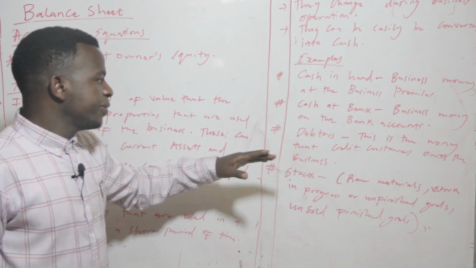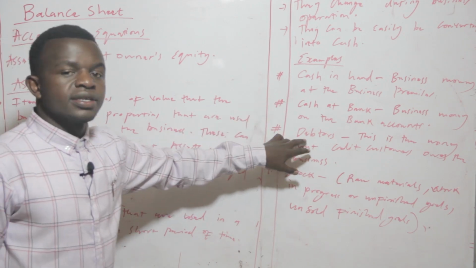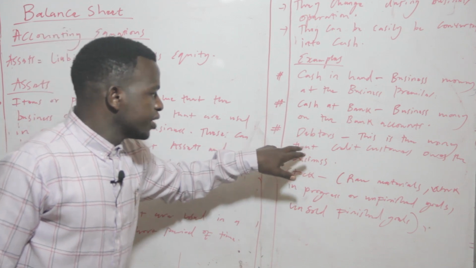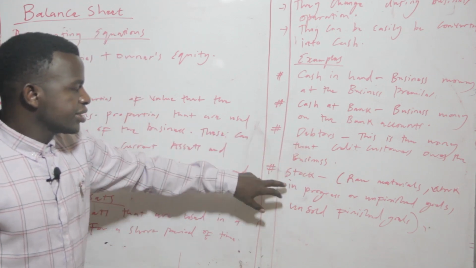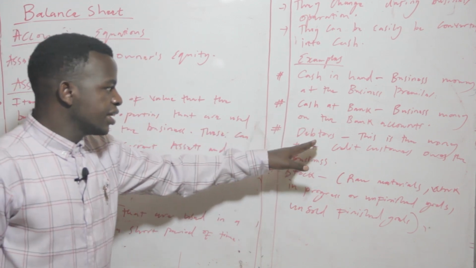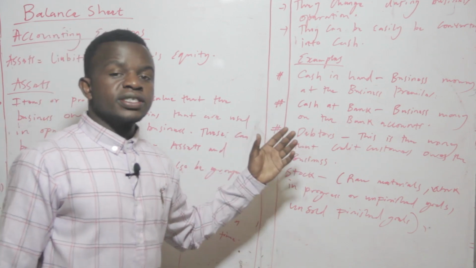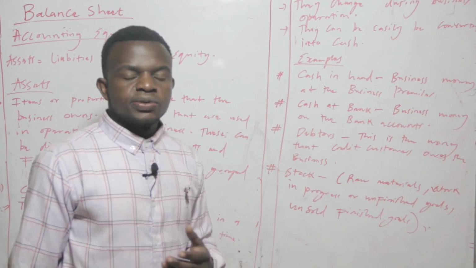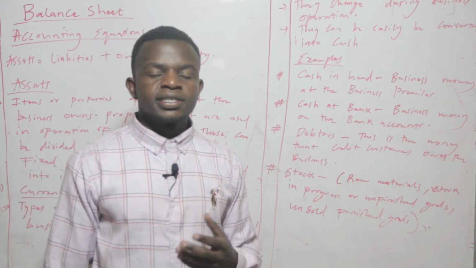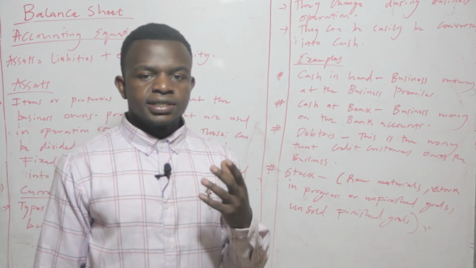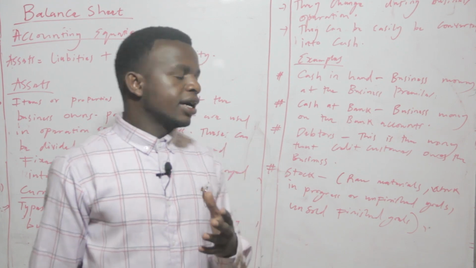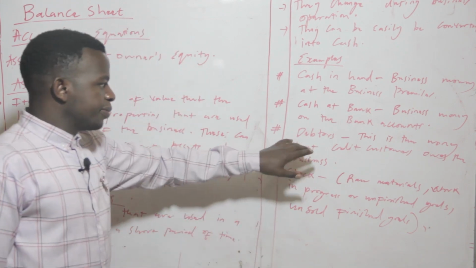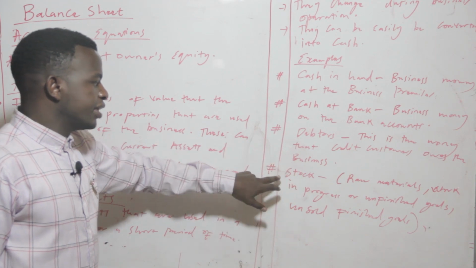But most people might debate which one is more liquid between debtors and stock. Debtors is more liquid because the goods have already been sold, and the only issue is just receiving payment, and the payment can be made when it's demanded from the debtors.